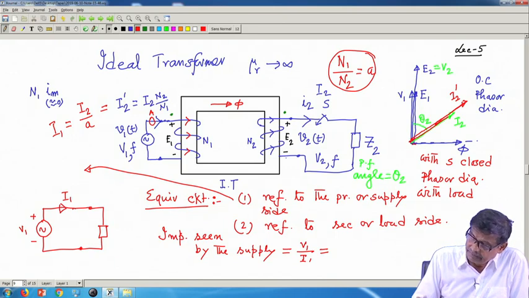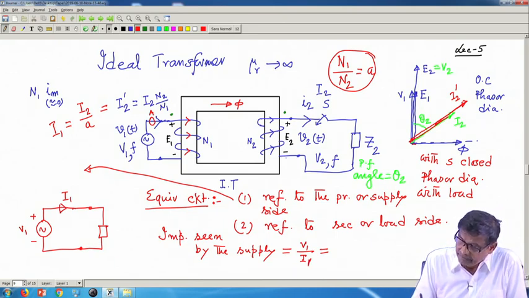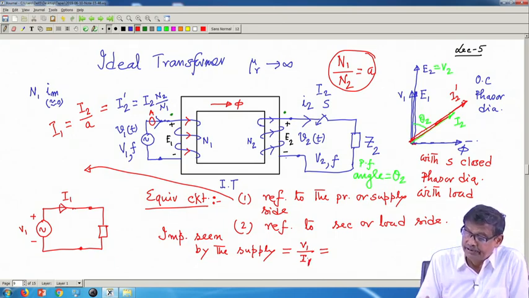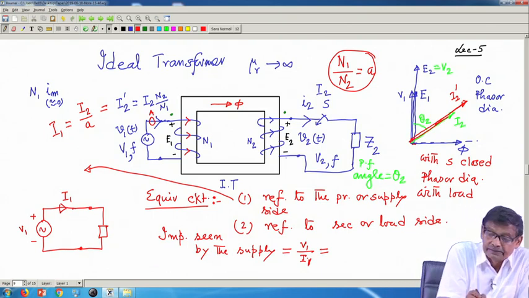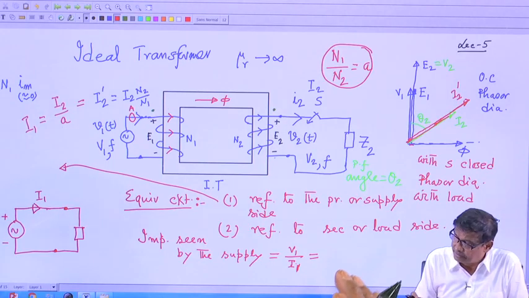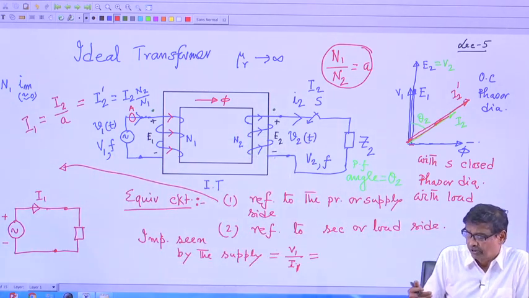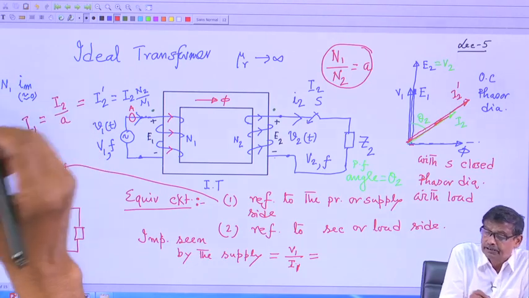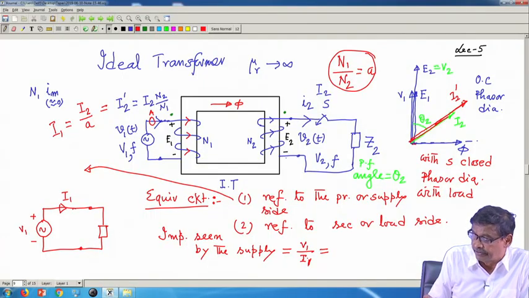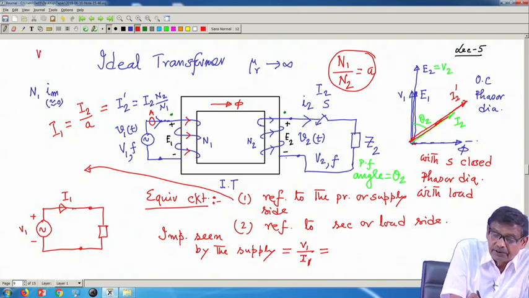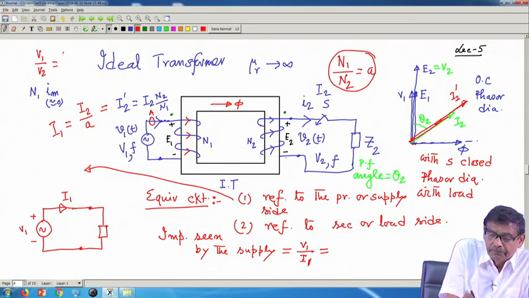Now, what I can do is this. Let me stay on this page only, let it be a bit dirty, but we are following logically. It will be easier for me to establish this important relationship for V1 by I1. I know that V1 by V2 is equal to N1 by N2, which is equal to a.